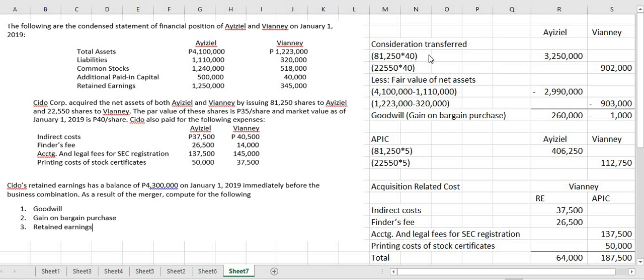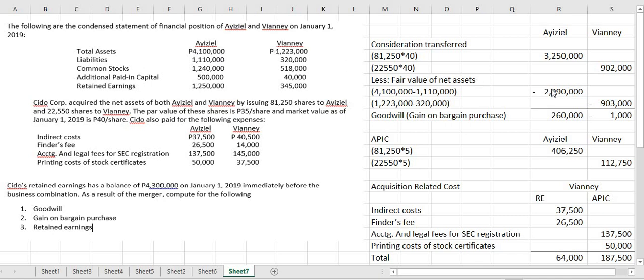I-multiply mo lang siya sa fair value. That's 3,250,000 for IZL and then 900,000 for Vianney. Then, consideration transferred less fair value of net assets. Pwede mo i-add yung common stock, additional paid-in capital, and retained earnings, or i-deduct mo lang yung total assets less liabilities.